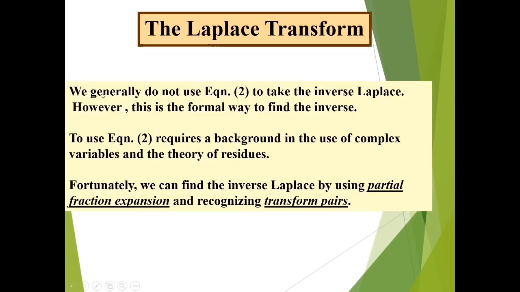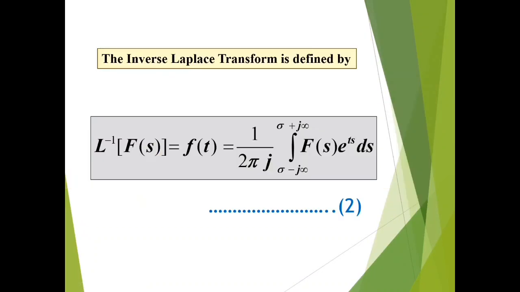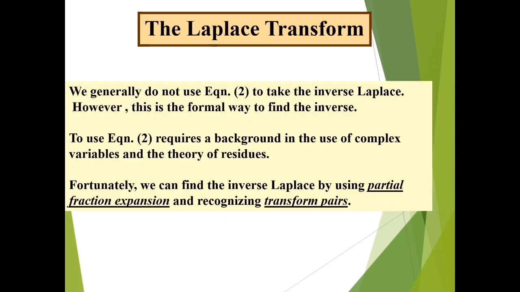Now, we generally do not use equation 2, that is the inverse formula, to take the inverse Laplace. However, this is the formal way to find the inverse, but it's a little difficult for us. It's complicated to do the integration. To use equation 2, we need a background in the use of complex variables and the theory of residues.